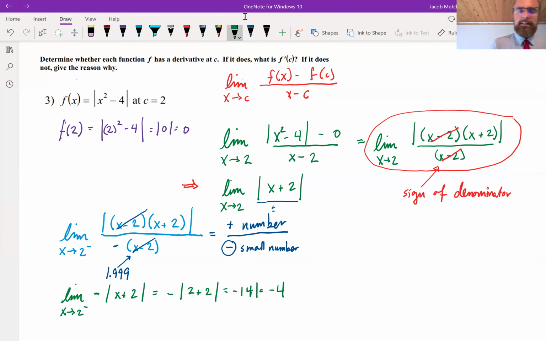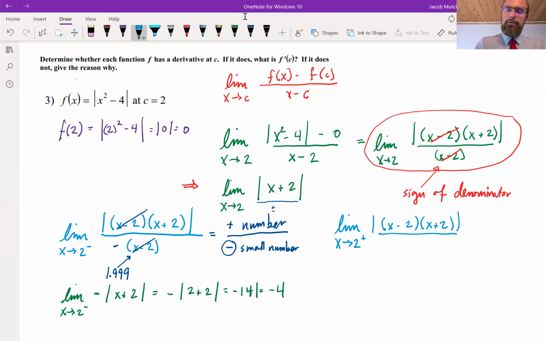Let's compare that then to the right-hand approach. So from the right hand, we'll take the limit as x approaches 2 from the right. And again, when I record the uncanceled version, so absolute value of x minus 2 times x plus 2, I know that there will be a cancellation, but I want to consider what the sign of this denominator will be when I approach from the right.